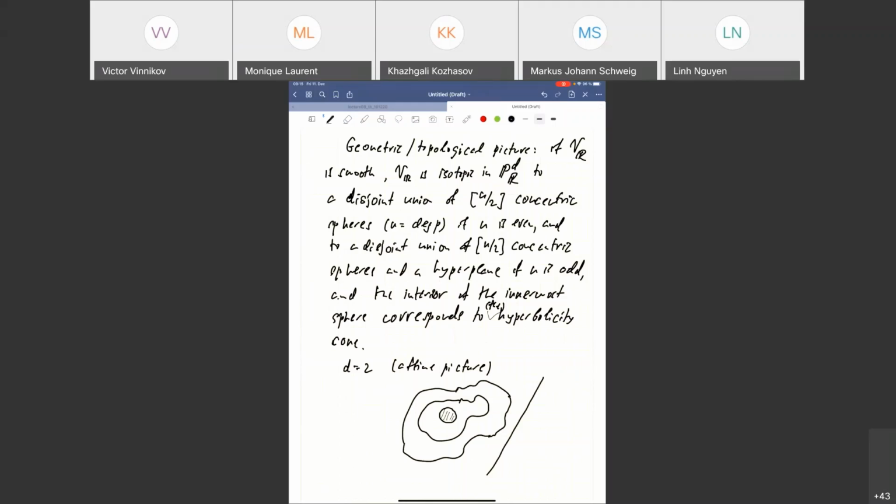So here, these 2 and n, I guess, is 7. So there are 3 spheres and the hyperplane, and the point is, of course, if I take any point in the innermost sphere, and if I take a real straight line, then it will have to intersect each one of the spheres on the outside.